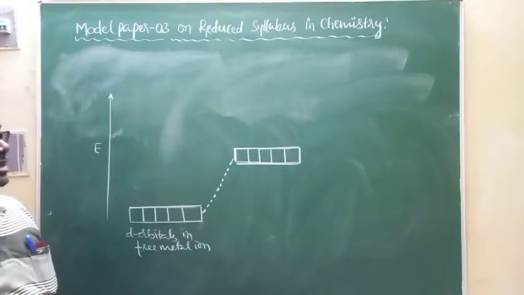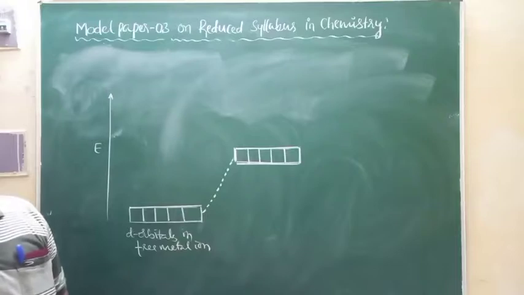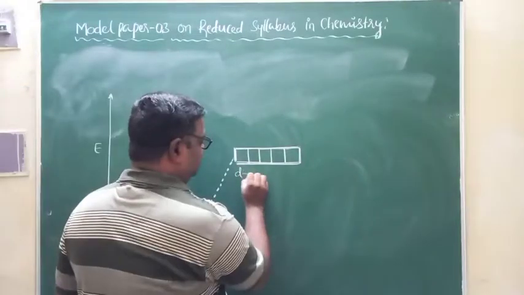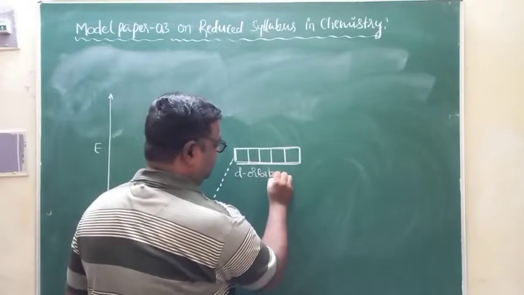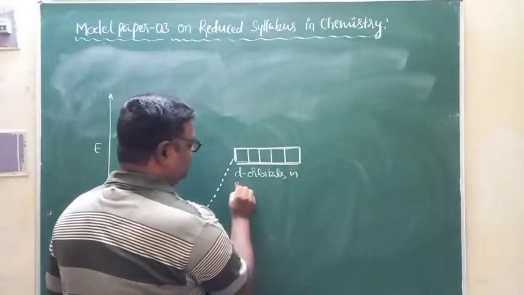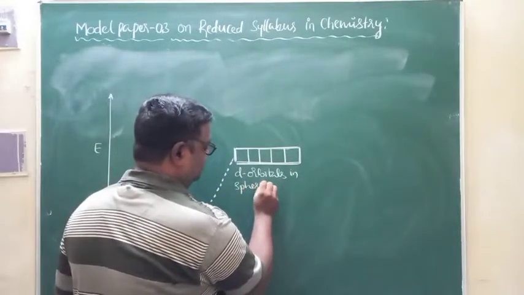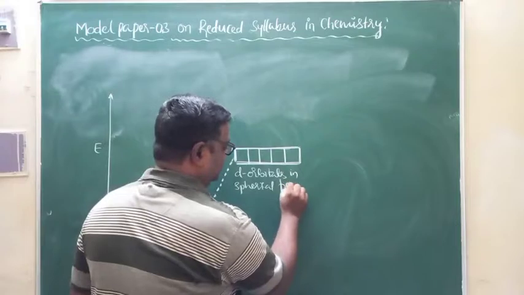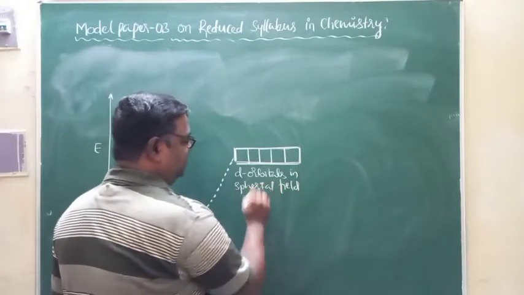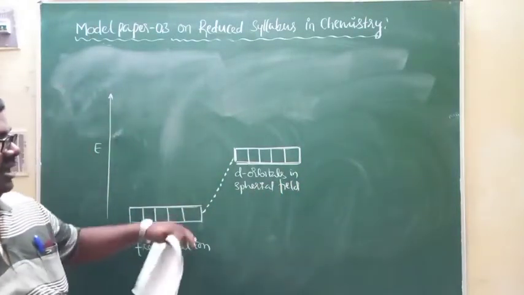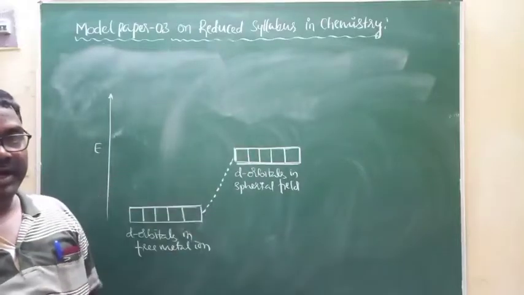All 4 ligands will be at equidistance from the central metal ion. This is d orbitals in a spherical crystal field, where energy is increased but degeneracy is not removed.